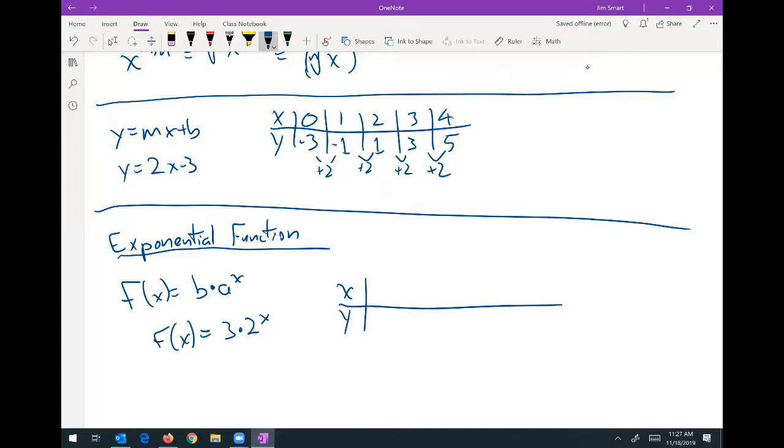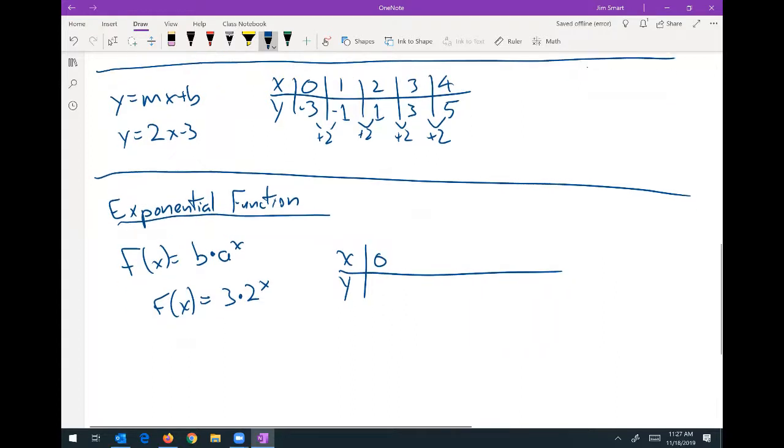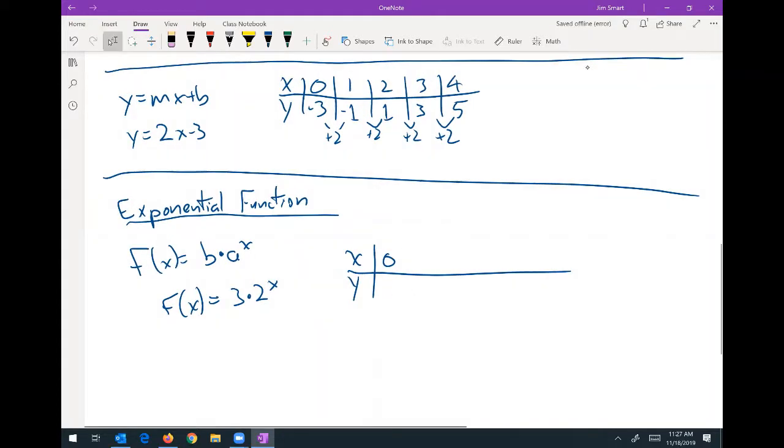If we plug in 0, 2 to the 0 is 1, so f of 0 would be 3 times 2 to the 0, which is 3 times 1, which is 3. So the number in front is the y-intercept, just like the b is the y-intercept in a linear function, the b tells us the y-intercept in an exponential function.